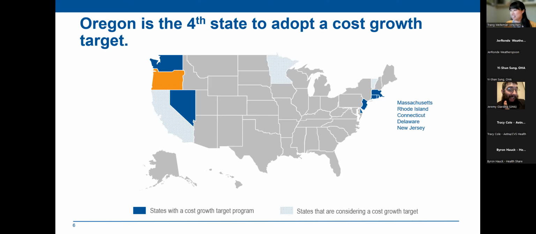Oregon is the 4th state in the nation to stand up a program of this kind. And as you can see, it's spreading bit by bit, state to state, across the US, as people want to have a better handle on how much healthcare costs, and trying to understand those spending trends.